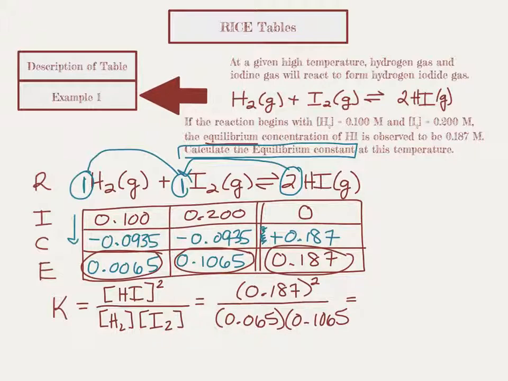And when I punch these into my calculator, I end up with a number like 50.515. I know that I have 3 sig figs in all of my starting numbers in the prompt, so I'm going to chop it right there and say that my K value is equal to 50.5.